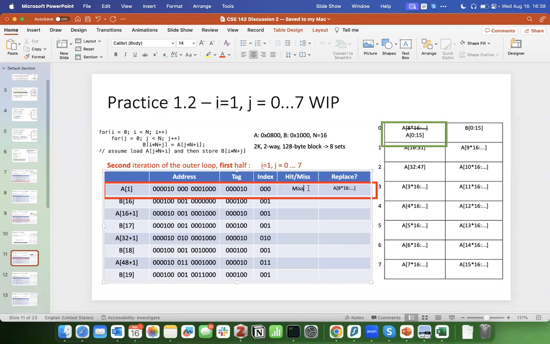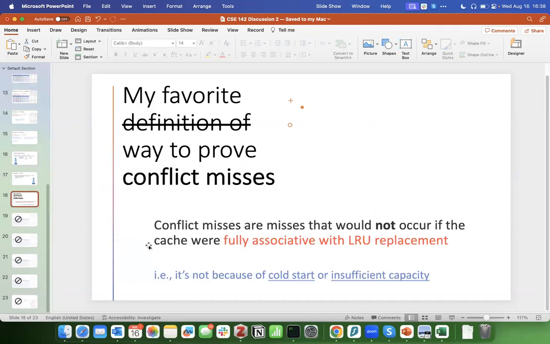This is actually a capacity miss. And I don't want to explain why. I do have a slide at the very end just for you to remember, right? My favorite way to prove conflict miss is to prove that it is not a capacity miss. And to prove that something is not a capacity miss, I need to assume that the cache is fully associative and then precisely analyze the cache behavior over there, right?